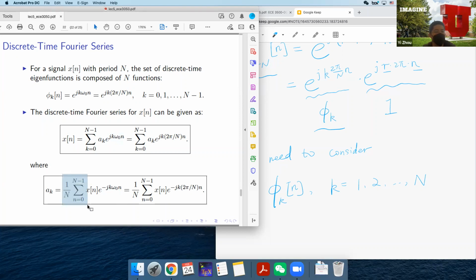We are considering all these basis signals, and we are projecting our signal x[n] onto each of them. Therefore, think about this: if the signal x[n] is given, and the fundamental period capital N is given, so omega naught is also given, then we should be able to calculate this summation and then work out the spectrum. So as long as the signal and the fundamental period are given, we can calculate a_k following this formula.